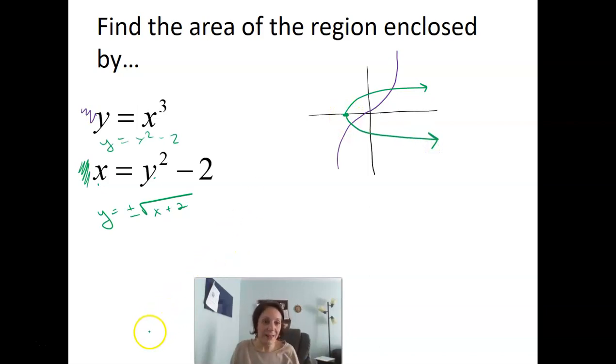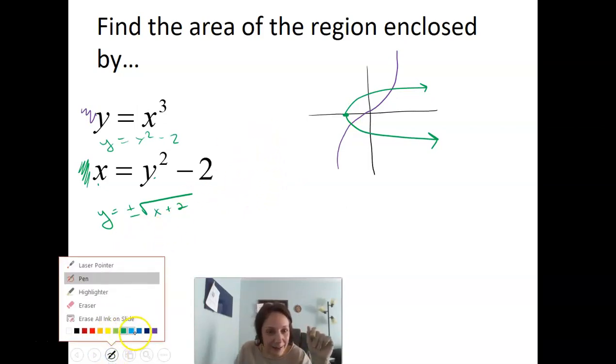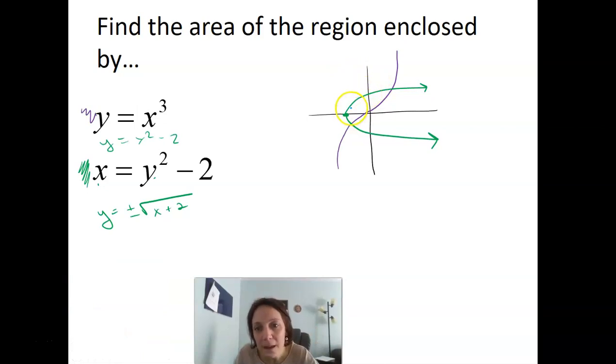Okay, so let's identify our area first of all. I've got this area right here. Now look, if we integrate with vertical rectangles, we integrate up and down, you will notice that from here, which is my leftmost point, over to here, which is our rightmost point, my upper boundary is consistent.